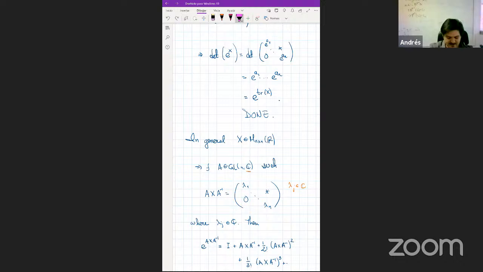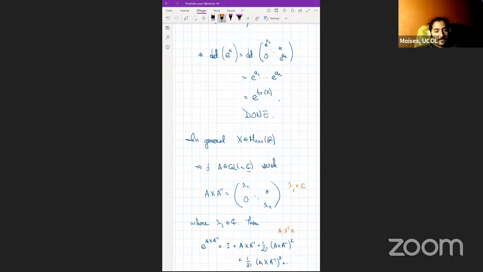But you know that this simplifies, right? What is the value of that matrix when you square that? A x squared A inverse. Exactly.